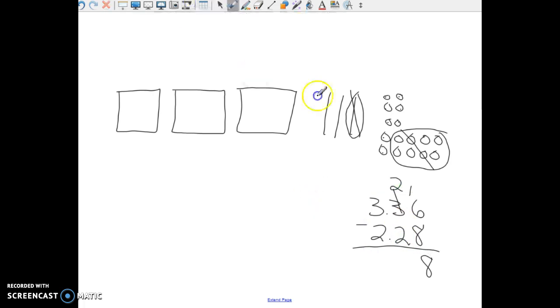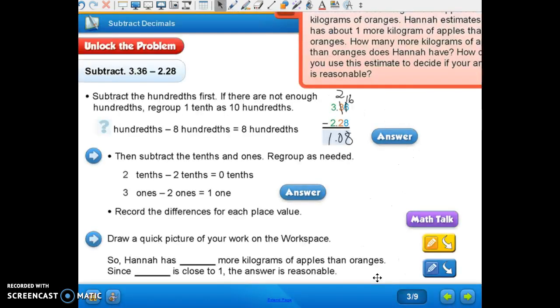So we will cross out both of our tenths, leaving us a 0 in the tenths place. Bring your decimal down. Now we have 3 ones, and we're going to take 2 of those ones away, leaving us with 1. So our answer is 1.08.